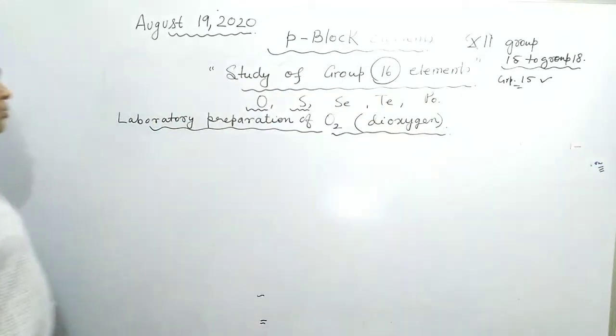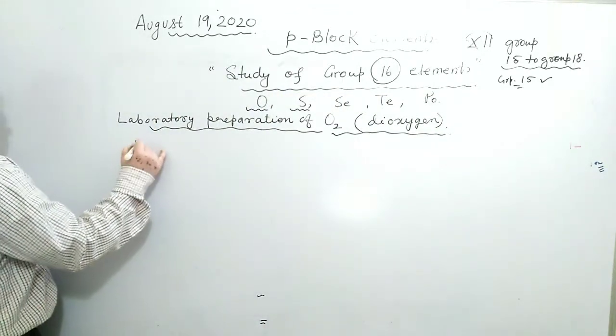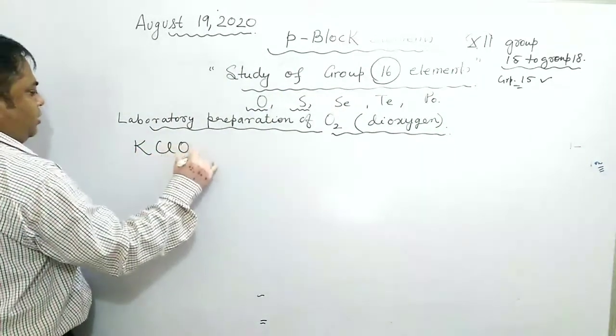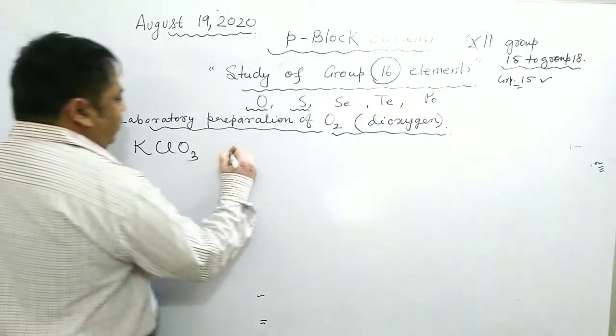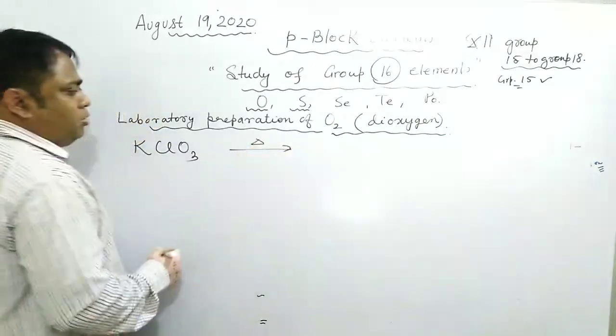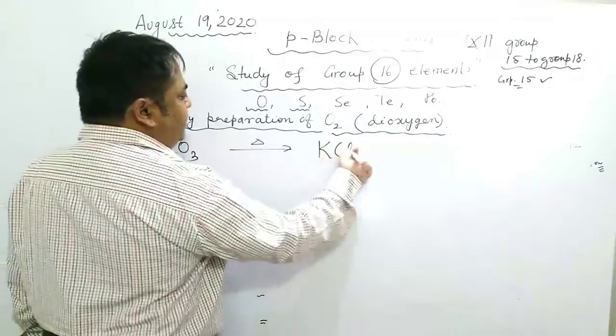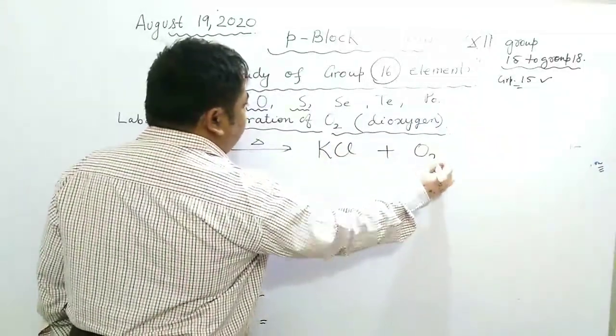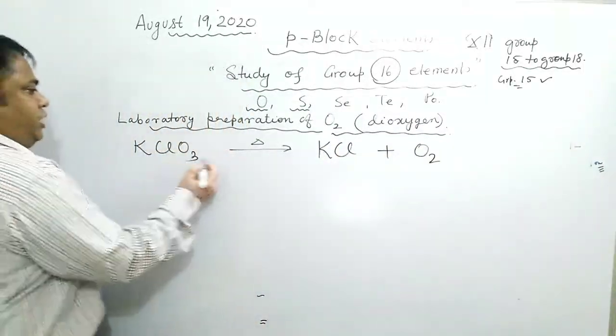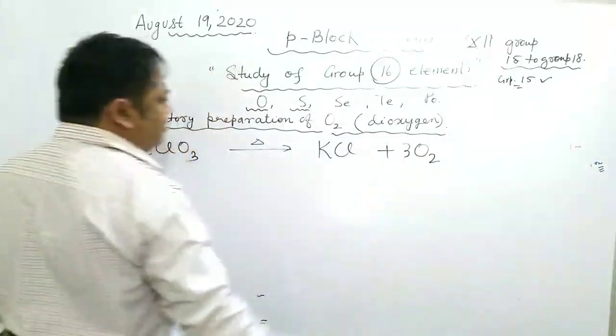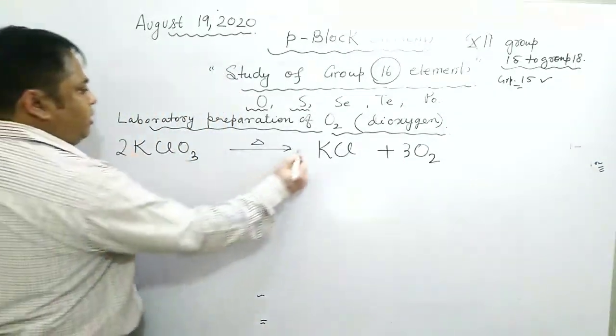Now to prepare this, we take any oxygen rich salt like KClO3 and we heat it. It undergoes thermal decomposition to form KCl plus O2. This is 3, this is 2, so we can make it 6, and this will become 2.